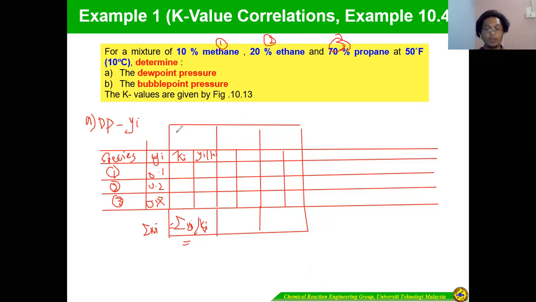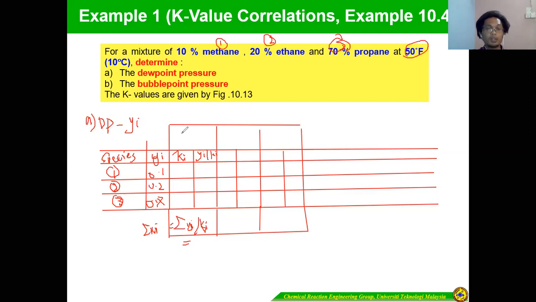So we guess the pressure first, for example any value. It doesn't matter, because the fractions as well as the temperature are already given.